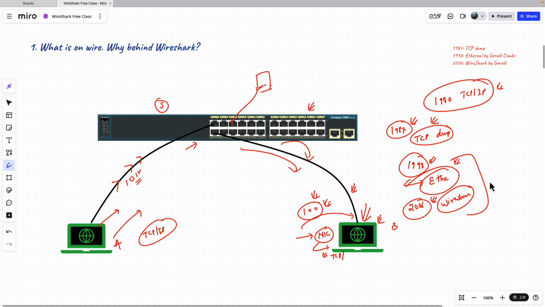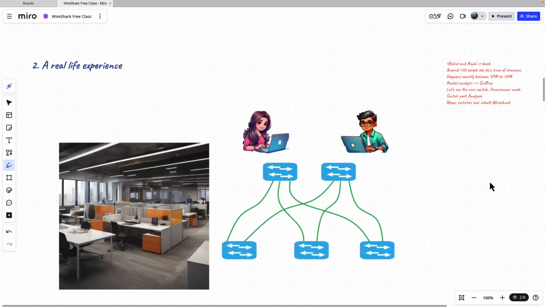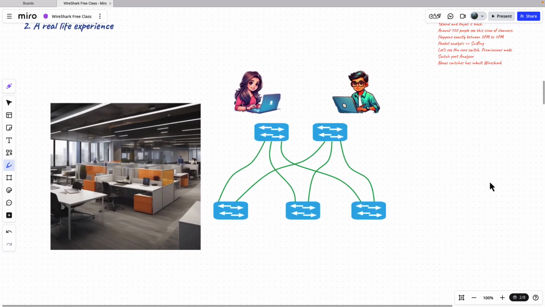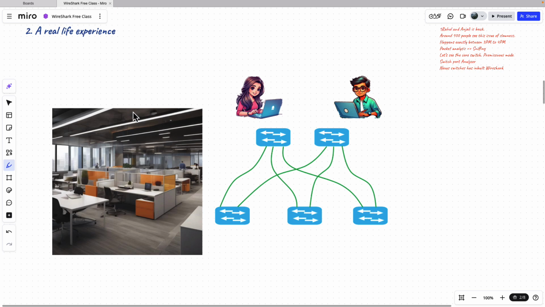So we have our two characters, Anjali and Rahul, who are dealing with a specific problem, right? So right now, if you can see here, we have an office floor, and there are approximately 250 people sitting here, right? Maybe 300 people. And Anjali and Rahul both are network administrators of this company, right?